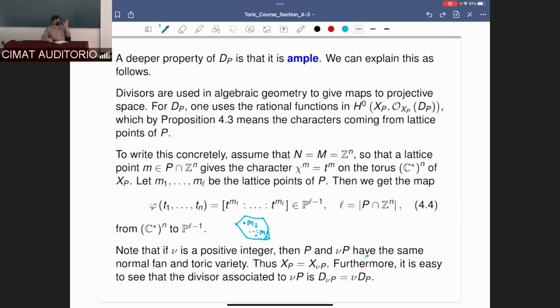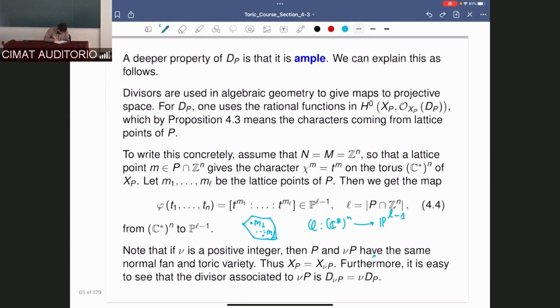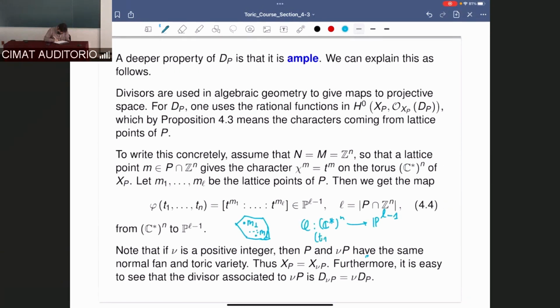Like the variables T1 to Tn, write the components of each of those points mi. Just define a map phi that goes from your torus, C star to the n, to projective space of size L minus 1 if there were L of these points, and the coordinates would go like T1, T2, to Tn.